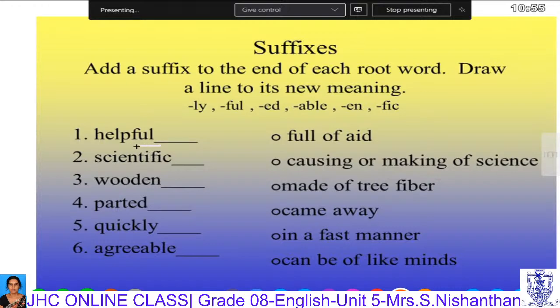The suffix is added already. You no need to add now. You have to find out the meaning only. Helpful means full of aid.